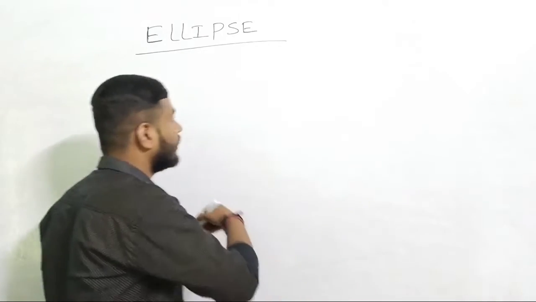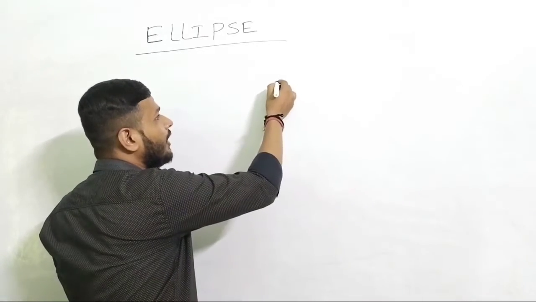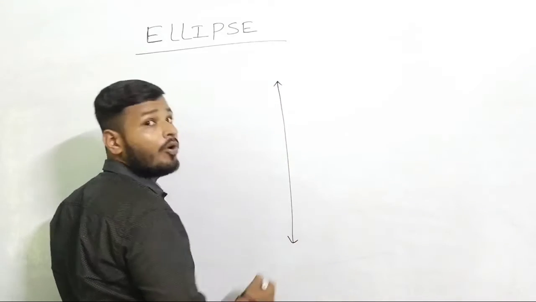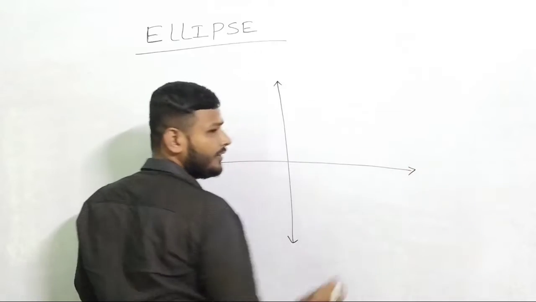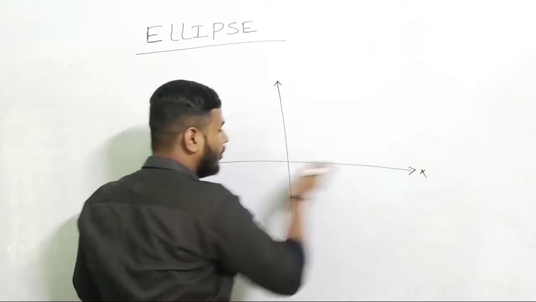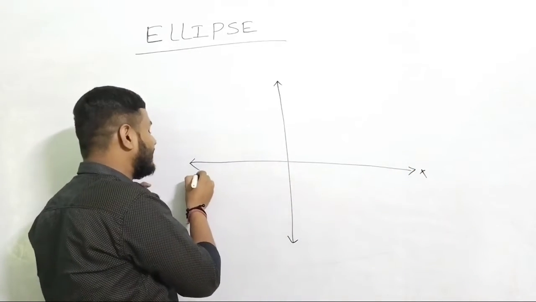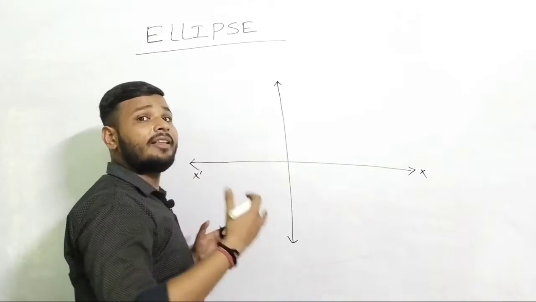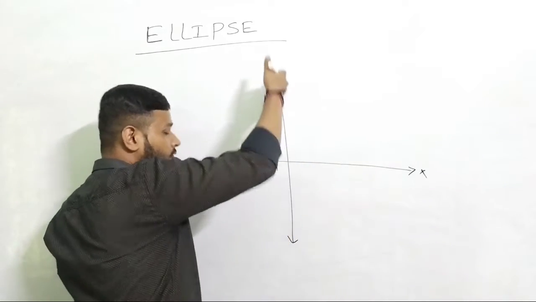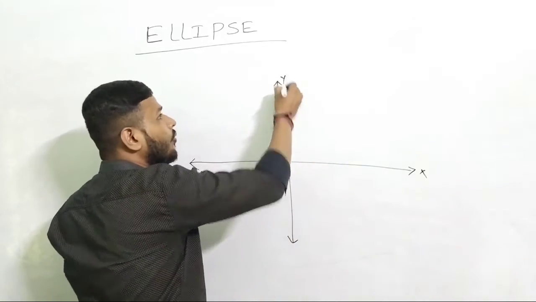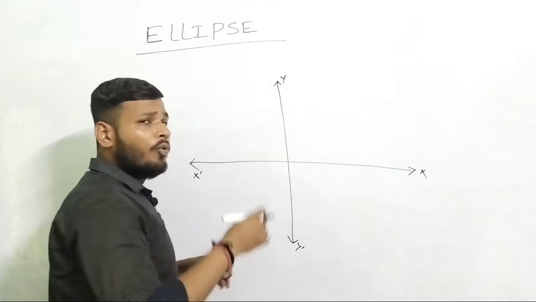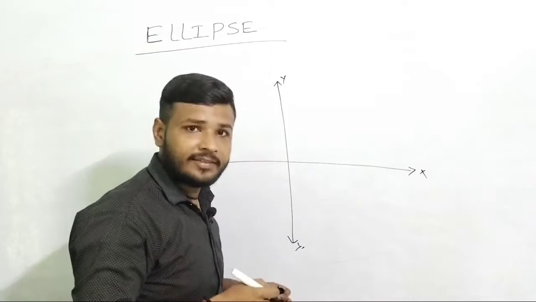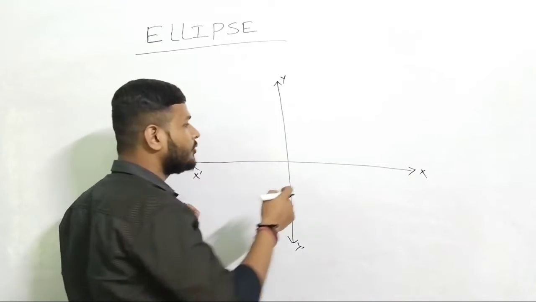Let's play. We draw a Cartesian, rectangular coordinate system. This horizontal line is known as x dash x, the x-axis, and this vertical line y dash y is known as the y-axis.